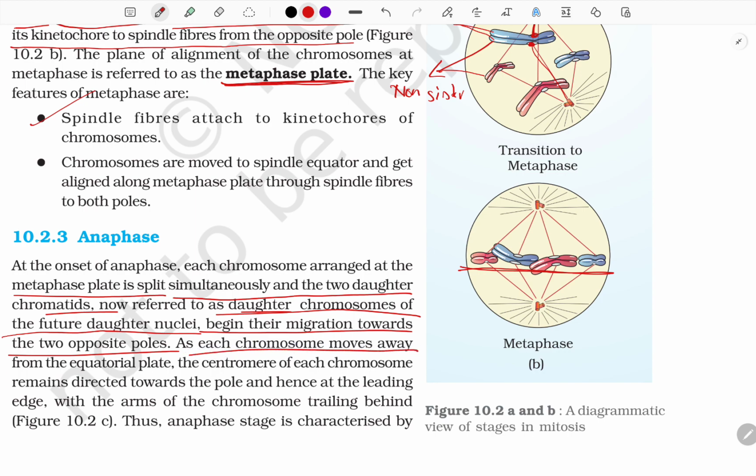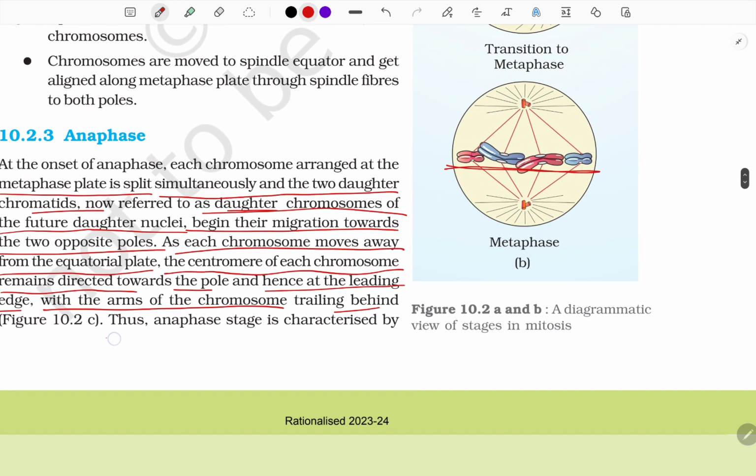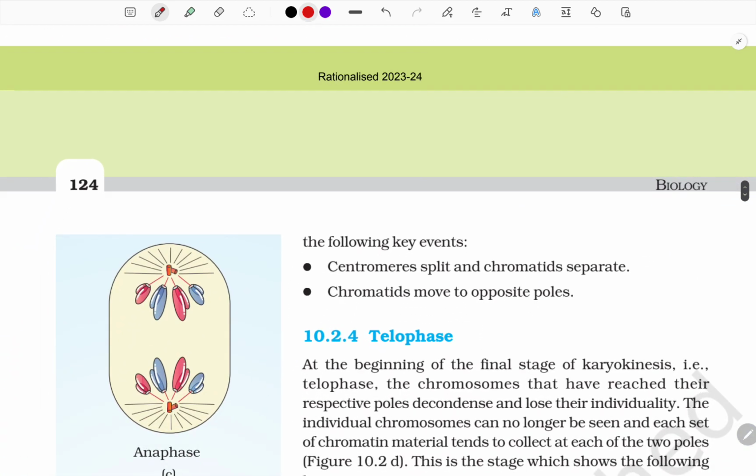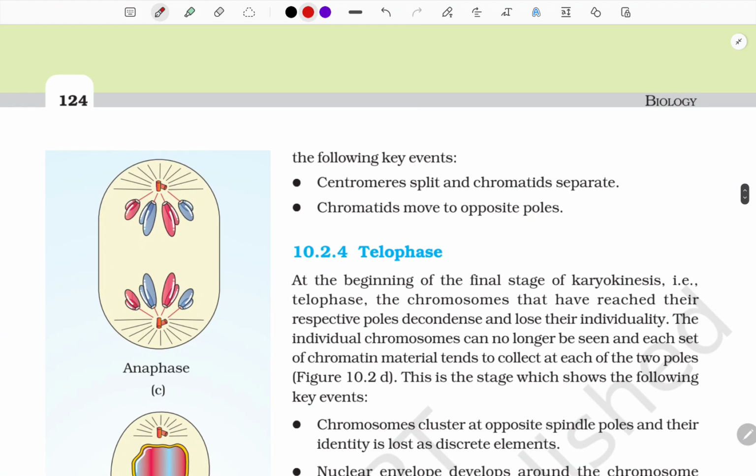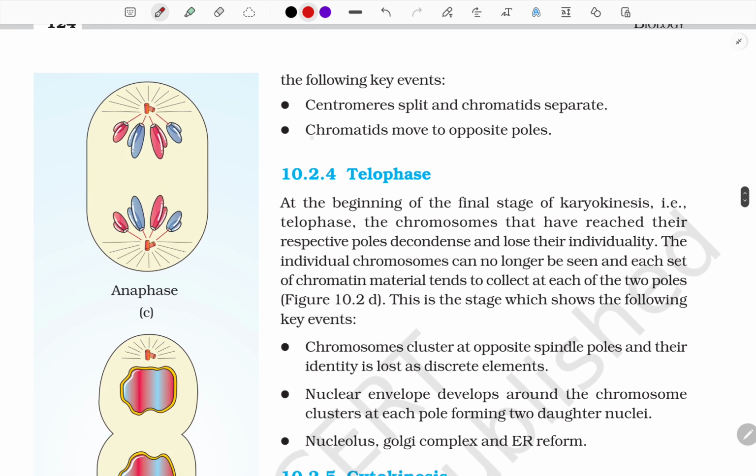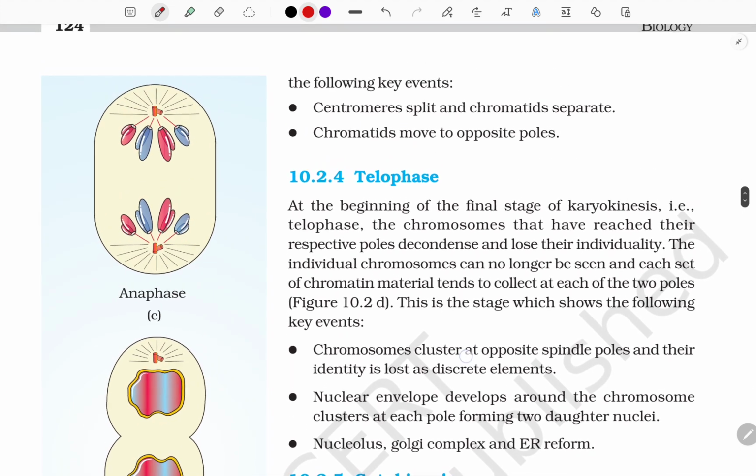As each chromosome moves away from the equatorial plate, the centromere of each chromosome remains directed towards the pole, and hence is at the leading edge, with the arms of the chromosomes trailing behind. Thus anaphase is characterized by the following key events. The centromere splits and chromatids get separated. Chromatids move to opposite poles. So these are the two things that happen.